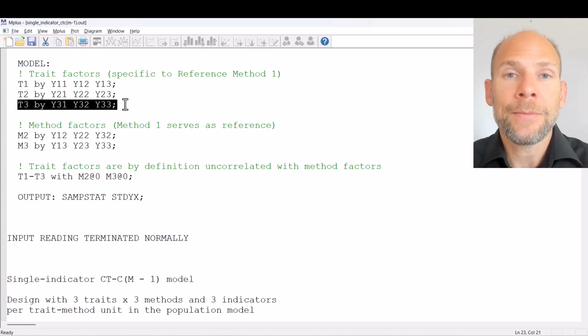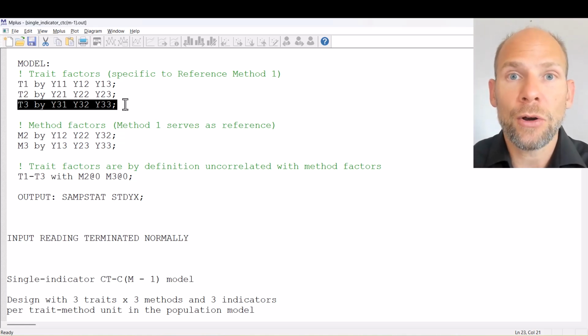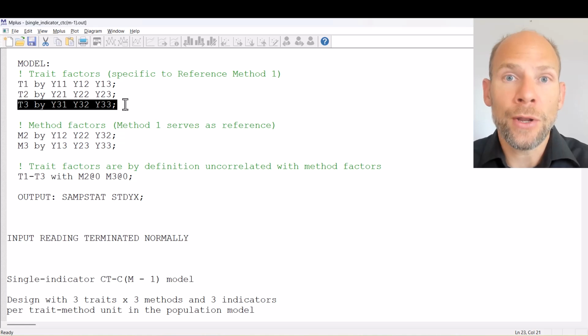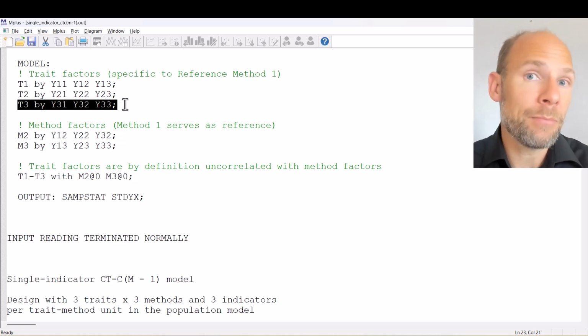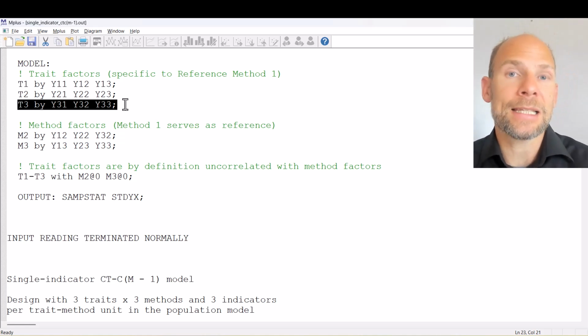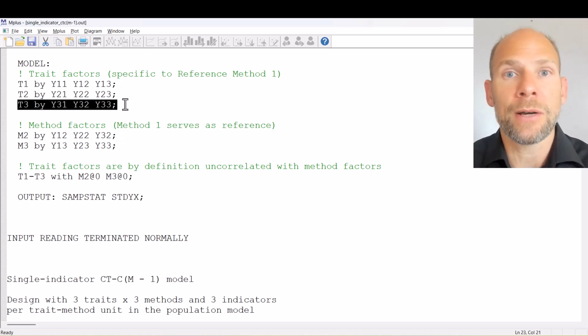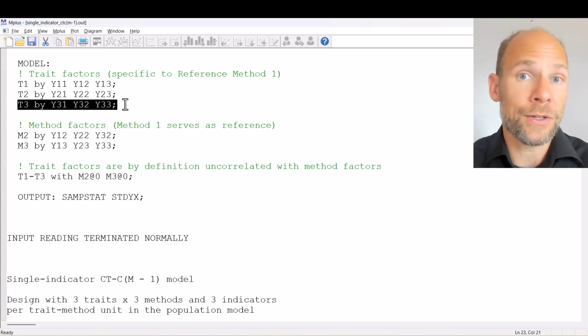And so that has as the consequence that we are contrasting the non-reference methods, here parent and peer reports, against the self-report. The self-report is our gold standard here, and that is what defines the meaning of the trait factors.